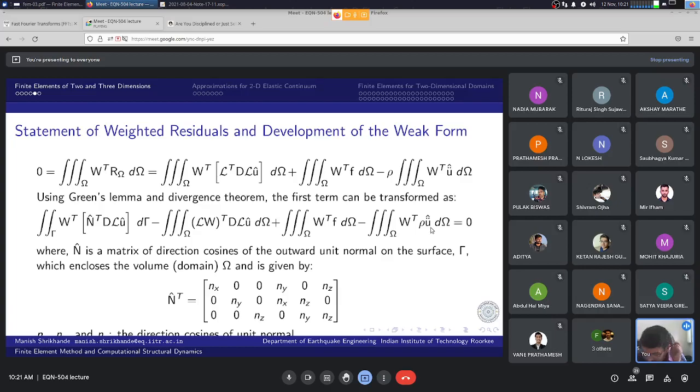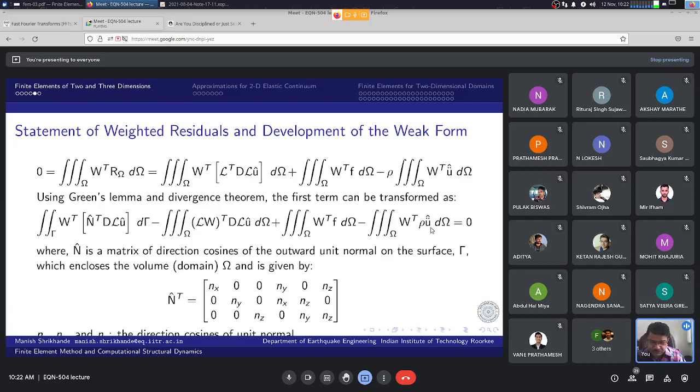So the displacement model for interpolation of displacement field in terms of nodal values, values of the displacement at the nodes, as an interpolation model is adopted for modeling the variation of accelerations within the domain as well.